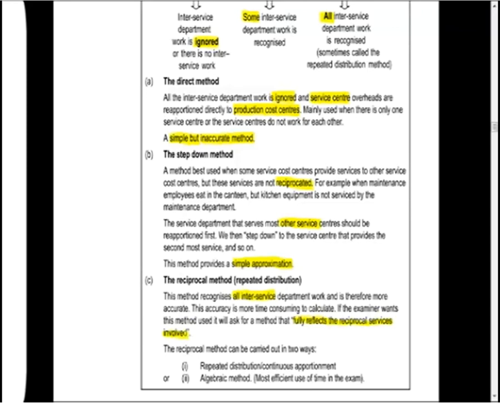So if he doesn't state that, then you can happily use the step-down method. And there are 2 ways of carrying out the reciprocal method: repeated distribution or continuous apportionment, or the algebraic method, which is probably a more efficient use of your time in the exam if you're confident with the use of algebra.